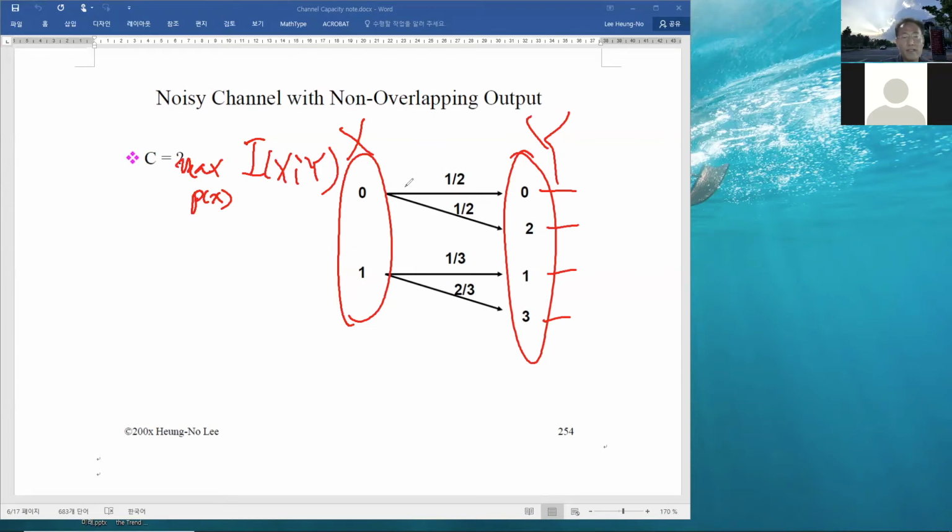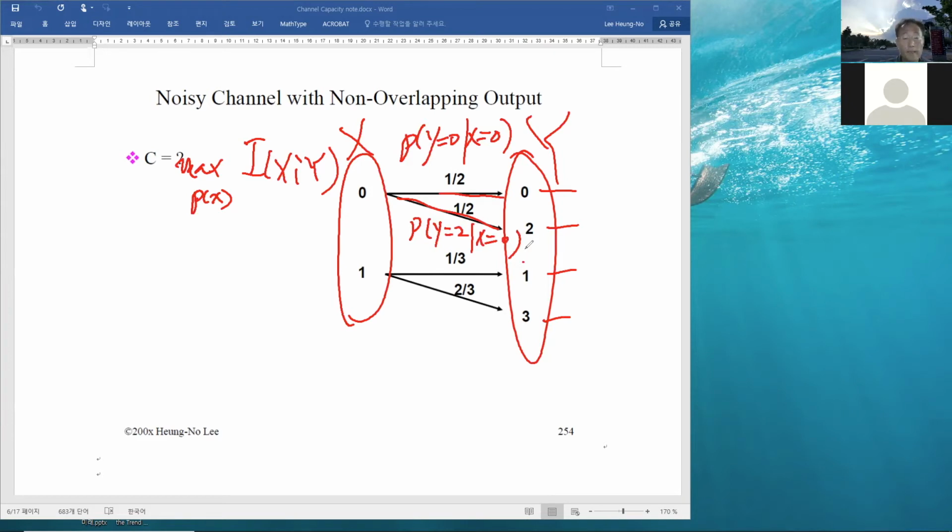Here is the probability distribution for x equal to 0. So this is y equal to 0 given x equal to 0, that is half. This one is p of y equal to 2 given x equal to 0.